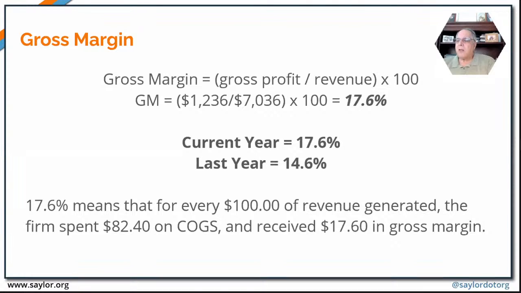Now, more important, I said that we use these ratios for decision making. Well, what decisions can we make at a very simple level? Suppose that you're looking at the 17.6% and saying, we really were shooting for a target of 25%. Well, there's two things that you can do here. One, keep costs the same and increase sales.